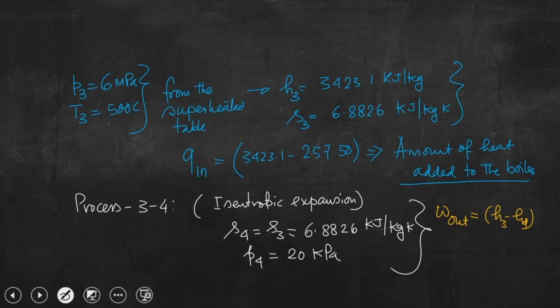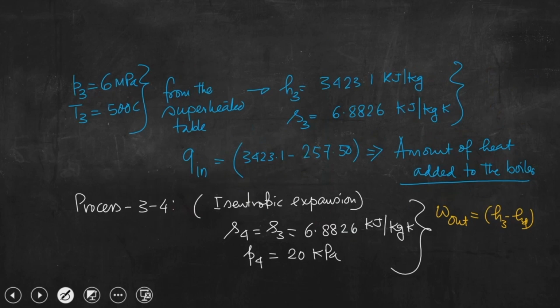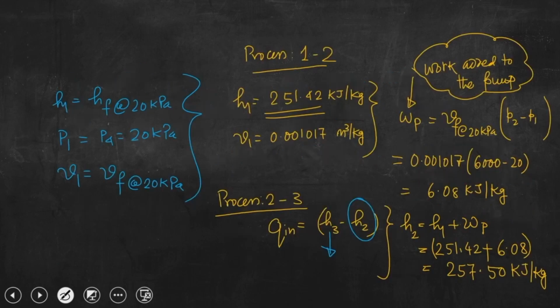So, now we have calculated H3, we have also calculated H4. H3 we know, because that we have already calculated at 6 megapascal, 500 degree Celsius.